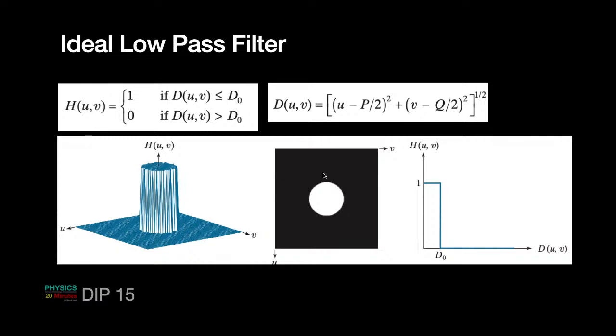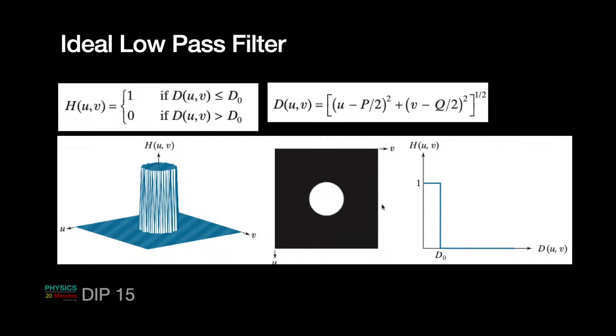Another way to visualize the filter is as a black and white mask. Black represents 0, white represents 1. If you multiply this mask with the Fourier image, it will make all the components in this region 0, while it will leave this part unaffected.